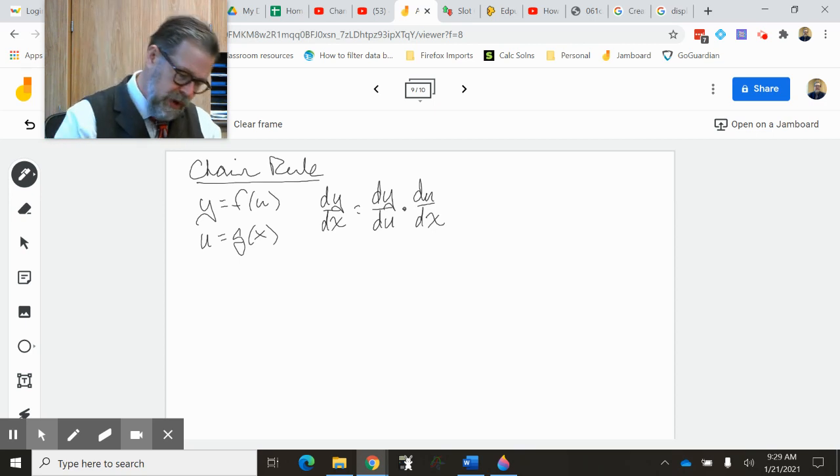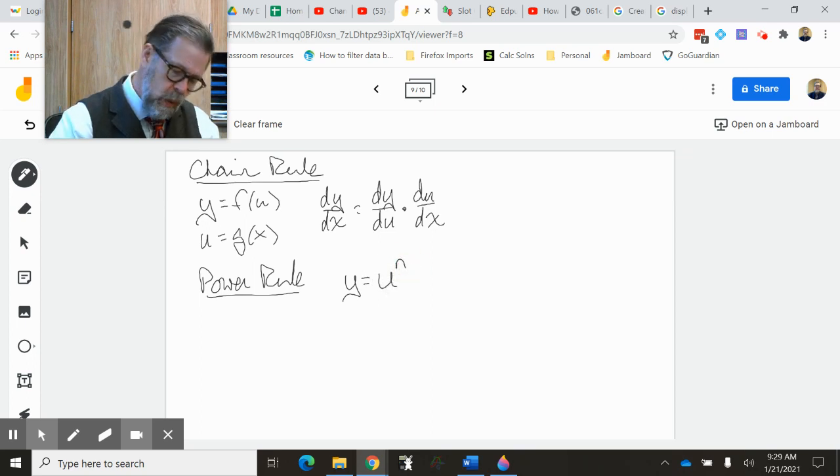So for example, the power function or the power rule. Y equals some function to the n, where that function u is a separate function of x. We know that the derivative of y with respect to u is n times u to the n minus 1.